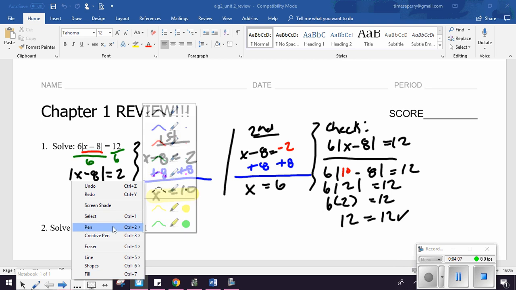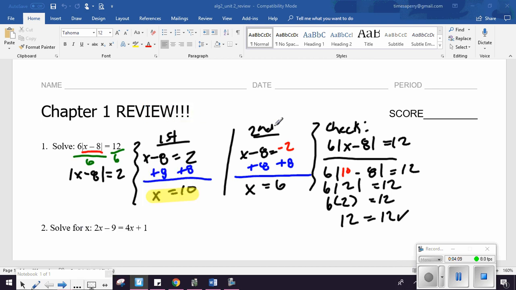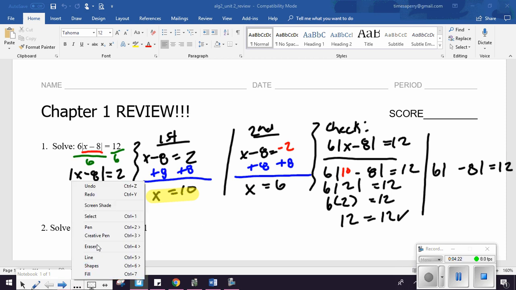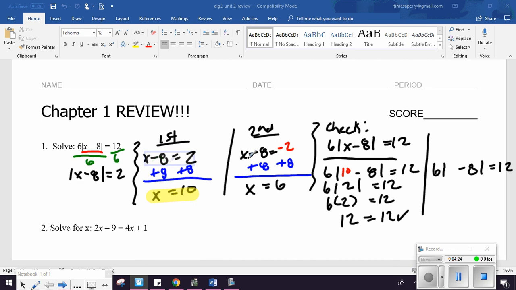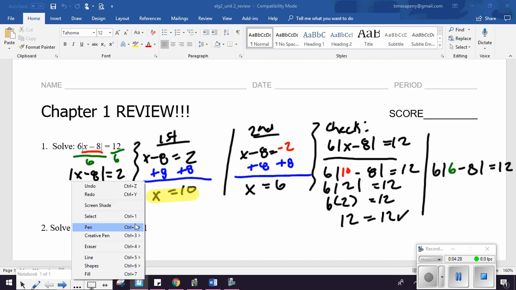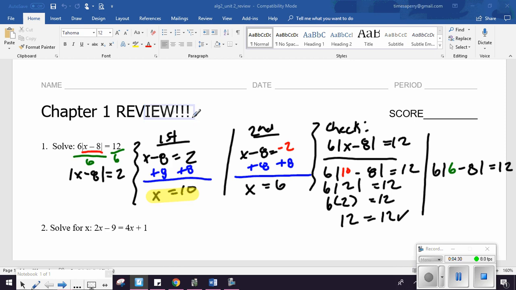Now we check with 6. All right, so again, I bring down the 6 outside the walls. 6 minus 8 is a negative 2.